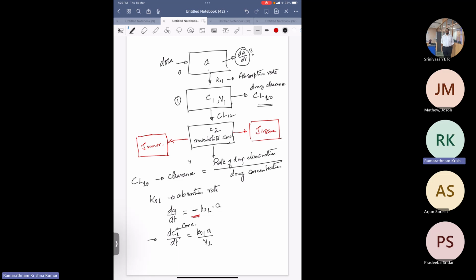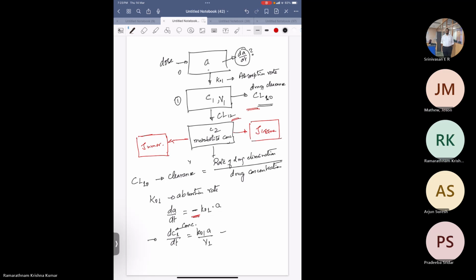Not all the drug which goes into plasma will go to metabolism, so only a part of it is metabolizing. So C12 is the metabolic clearance. So there are two outward things. This fellow is going out, this fellow is going out. So can you tell me the second term?